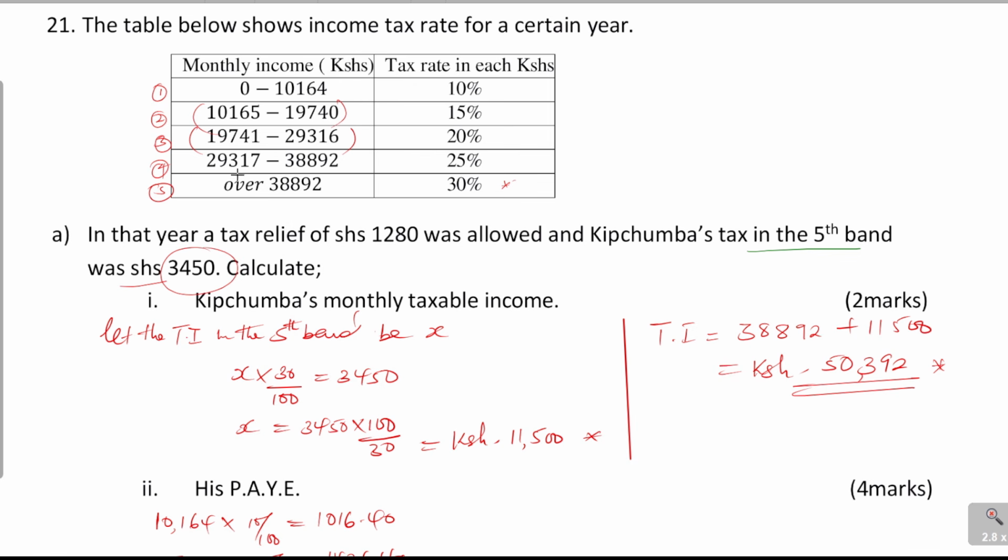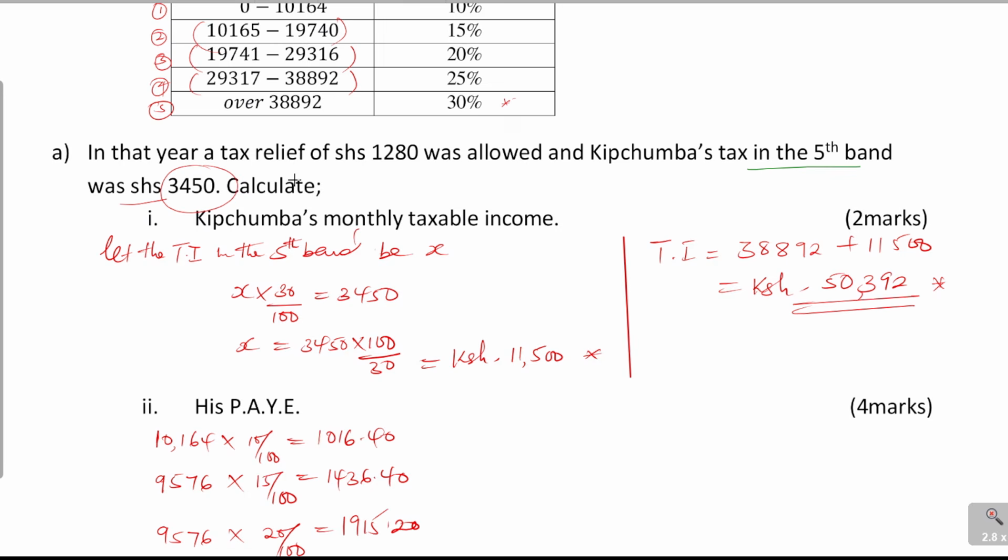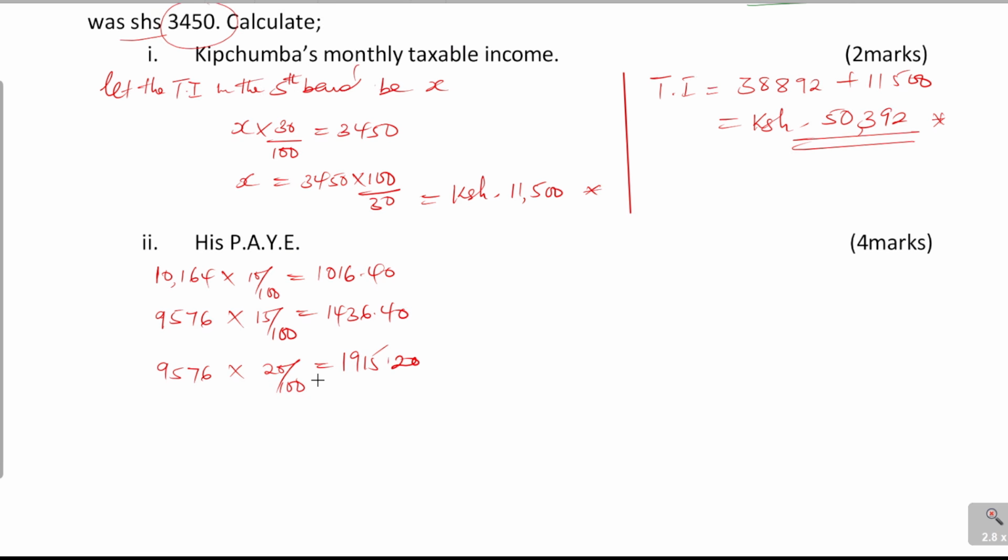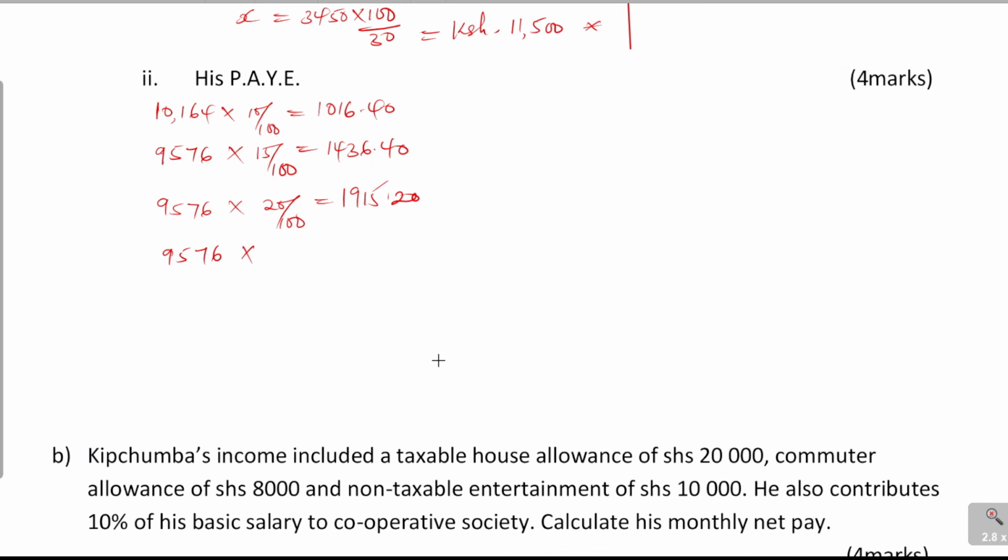So the fourth band, the amount there is 38,892, subtract 29,316, and you find the same amount, 9,576, times 25%. That band is taxed at the rate of 25%, and this gives 2394.